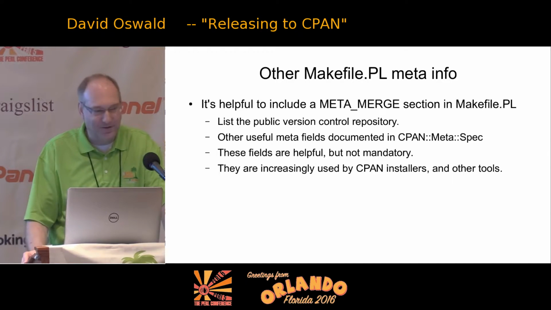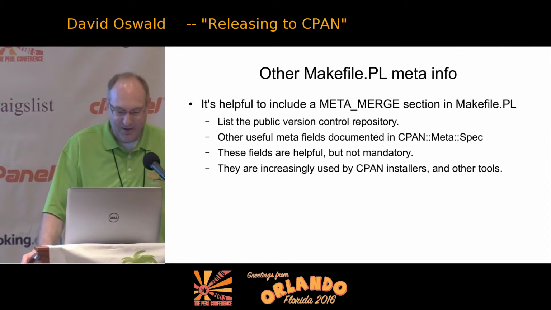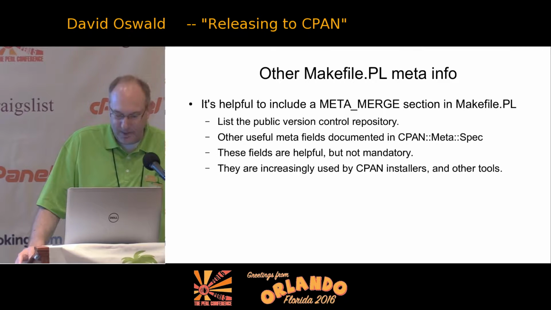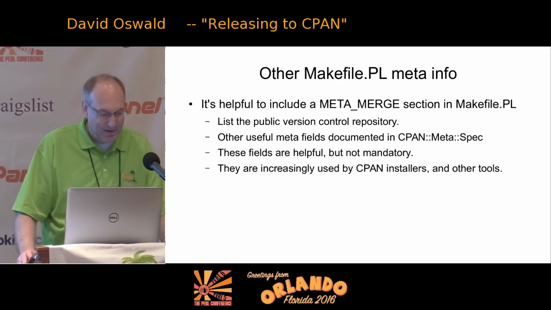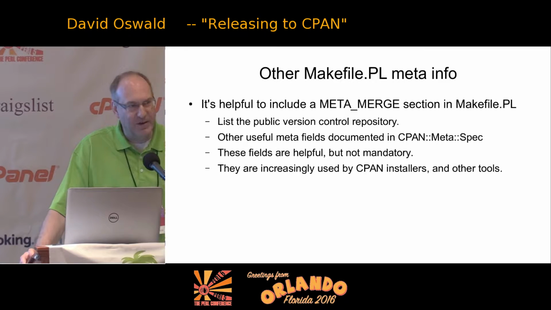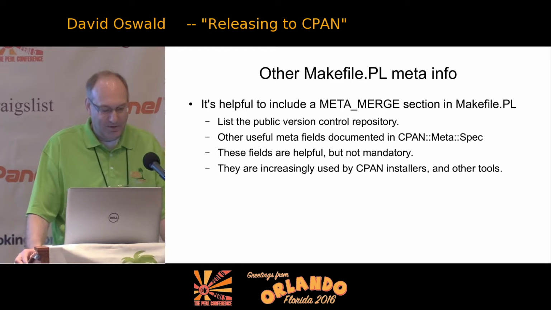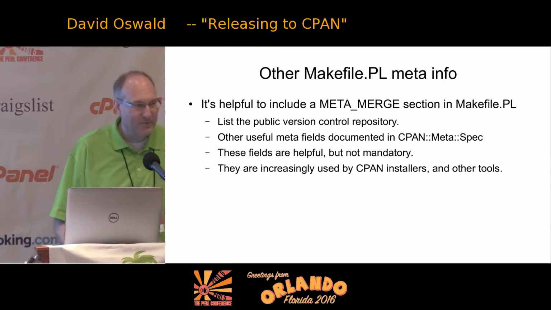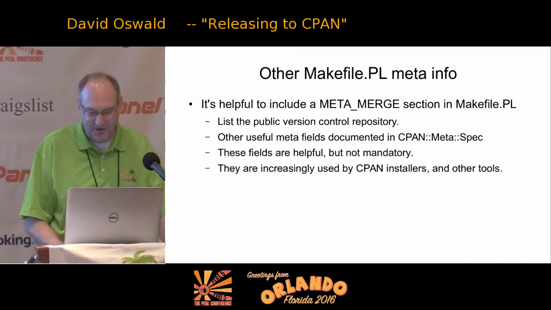I find myself referring to that frequently when I'm first planning out how to build a specific distribution. The fields are helpful but not necessarily mandatory. But increasingly the CPAN installers like cpanminus will look at the fields that you put into META_MERGE and give them their due respect as the install and build process goes.